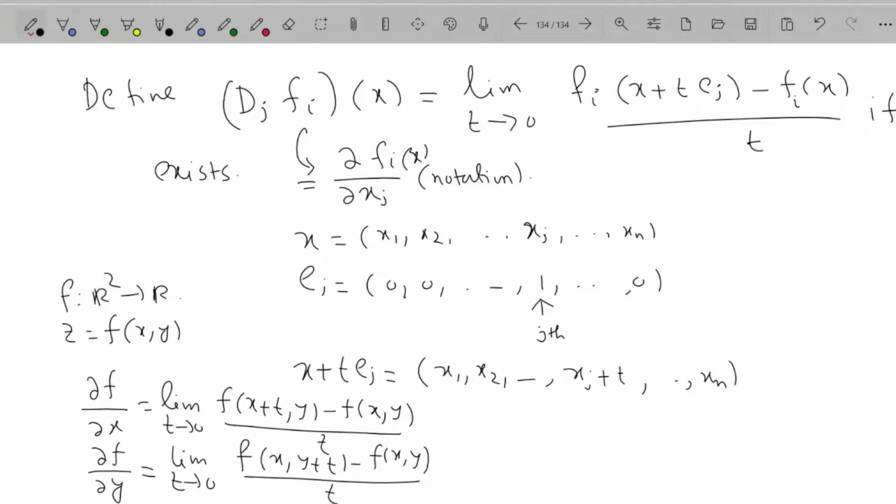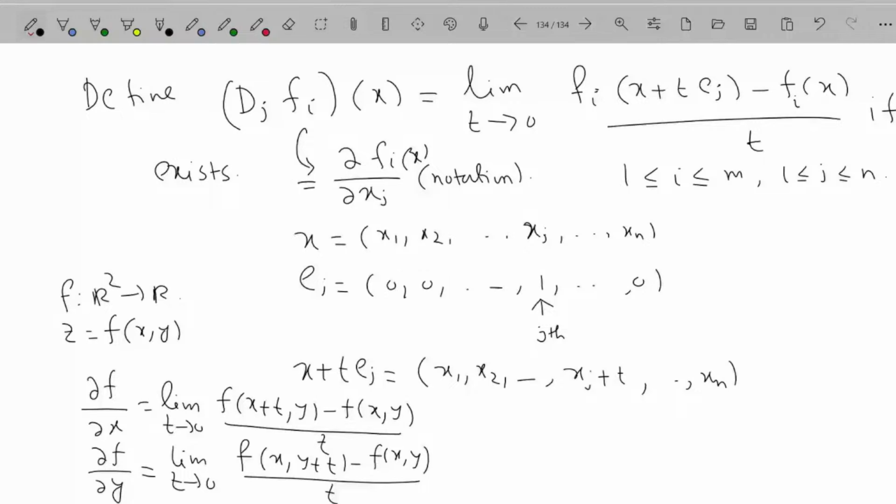Here i runs from 1 to m and j runs from 1 to n. It does not need to exist for all of them; for one i and one j, let's say that particular partial derivative exists. Then this will be called a partial derivative at the point x. And how many partial derivatives do we have in total? m into n partial derivatives in this case.